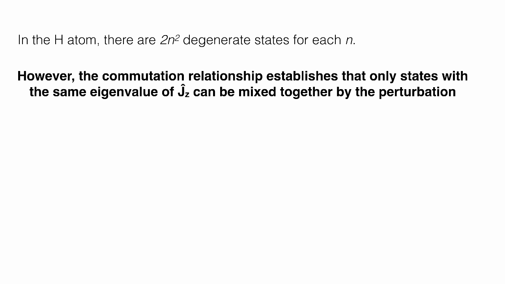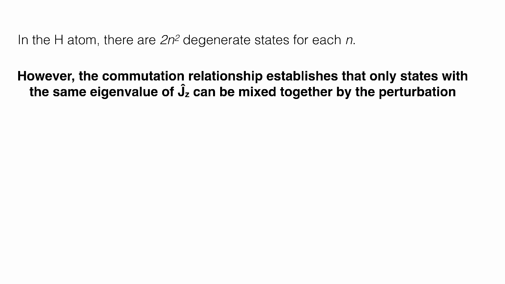So what we just found is that the commutation relationship between Jz and L dot S means that only states with the same eigenvalue of Jz can be mixed together by the perturbation. So this is something that's very important.